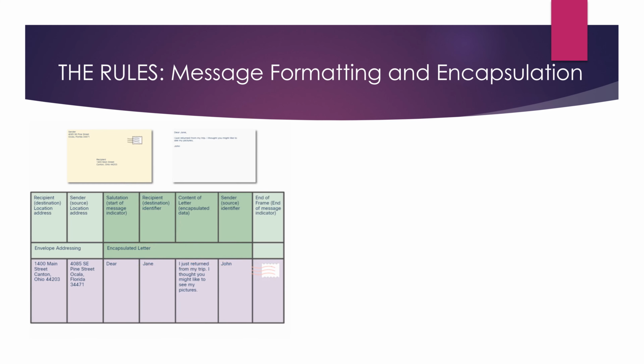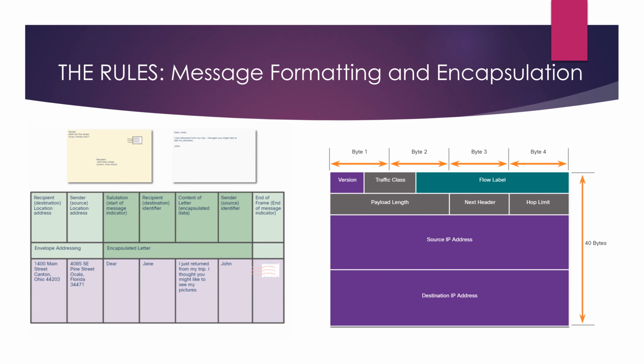The same happens even at the network. Similar to sending a letter, a message that is sent over a computer network follows specific format rules for it to be delivered and processed. These format rules are called Internet protocols. An Internet protocol is a protocol with a similar function to the envelope example. The version field will say if we are using Internet Protocol version 4 or version 6.